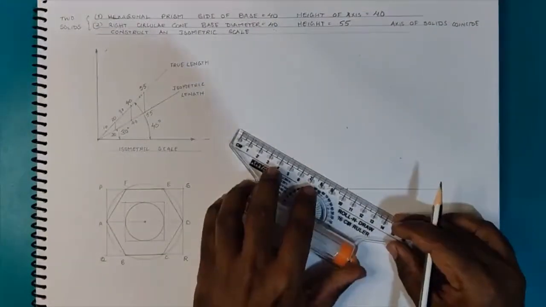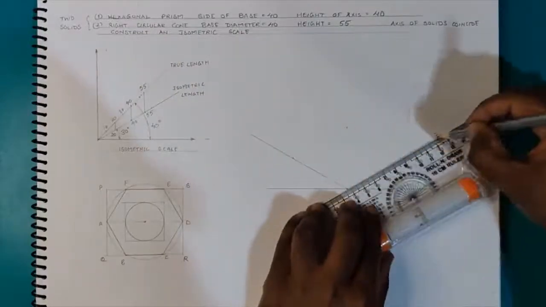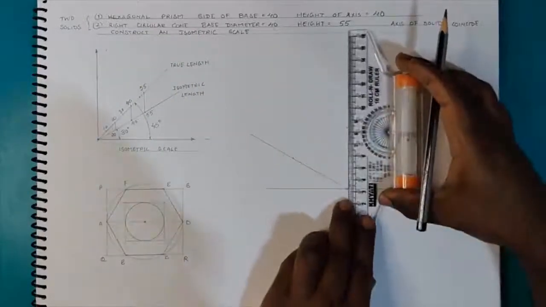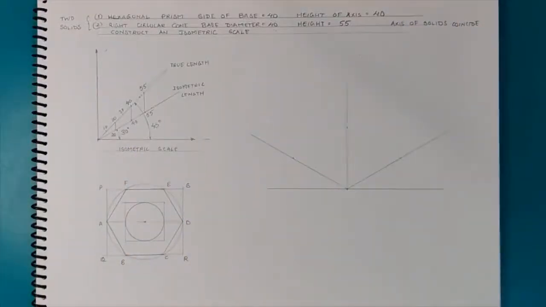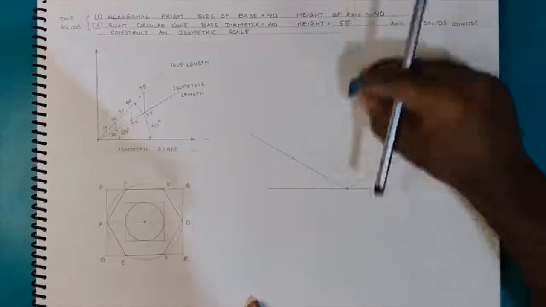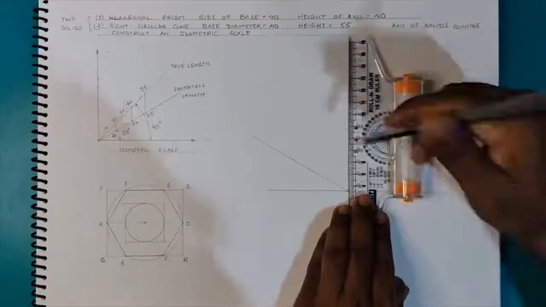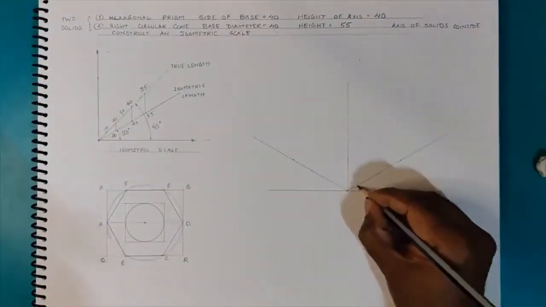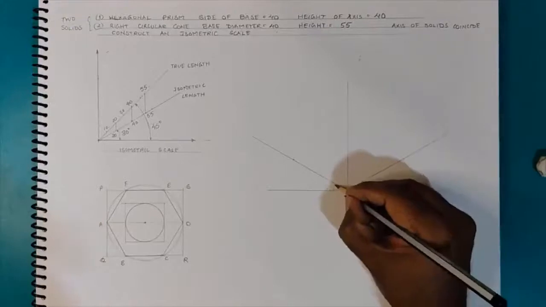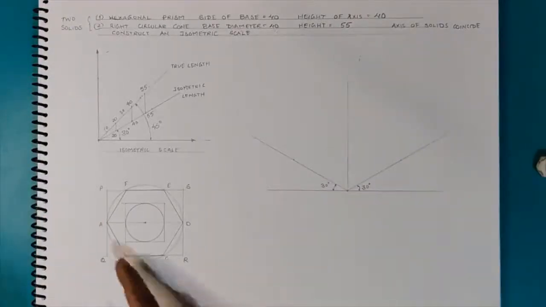For the isometric axes, there are three axes: two axes that are inclined at 30 degrees to the horizontal, and the vertical axis, that is 90 degrees to the horizontal. We indicate it with dimensions.